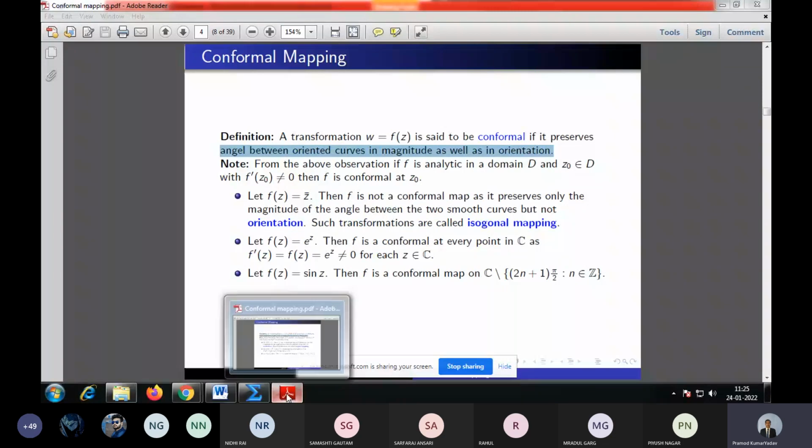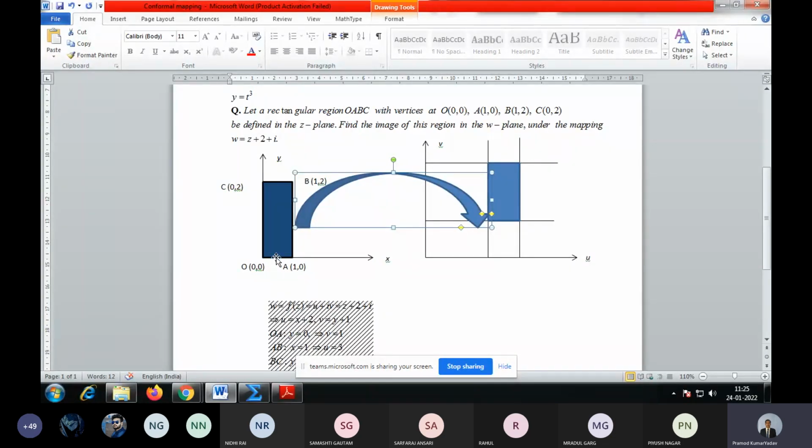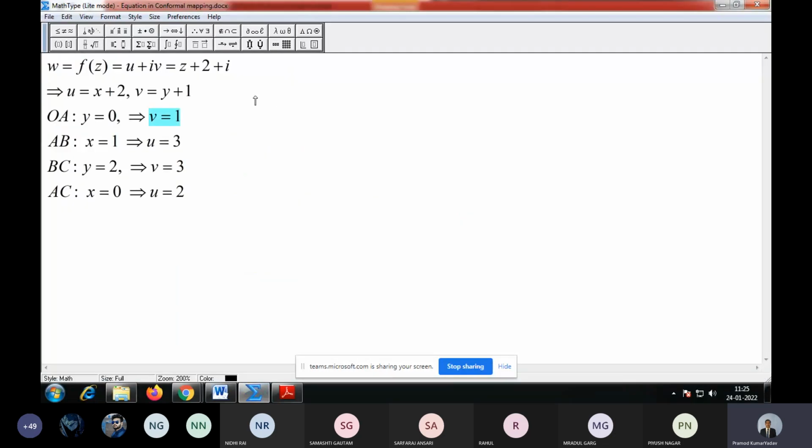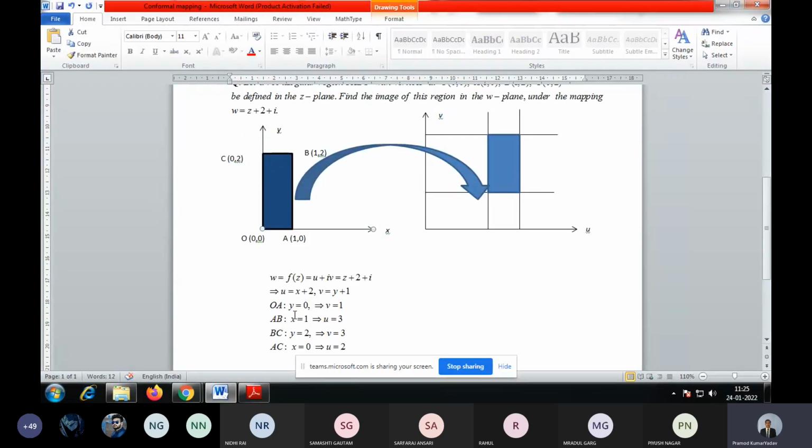So you may see OA. The equation of OA was y equal to 0. So y equal to 0 means v equal to 1. So this OA was transformed like this line. Am I right?